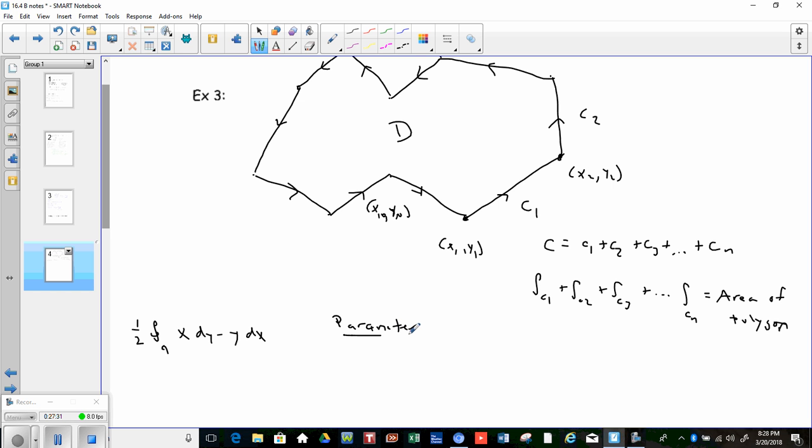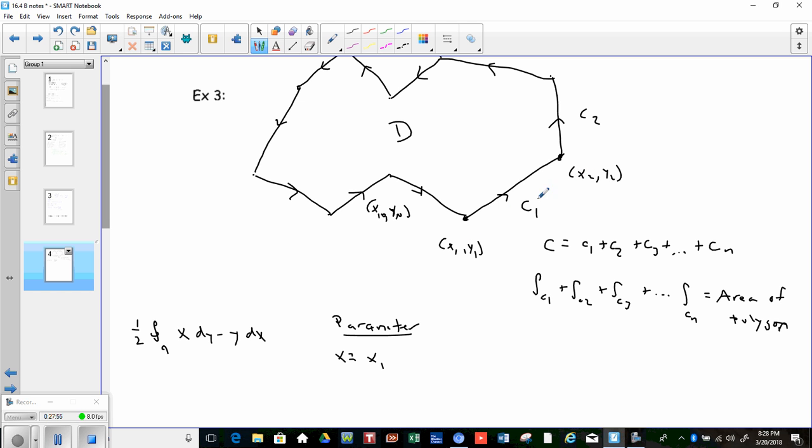So when we go to parameterize these, we're going to have to do our equation for a line, but we're going to have to do it in general here. So remember that the equation would be that x equals, where does x start? X starts at x1. And then x changes from here to here. Now, if we had numbers, we would just subtract the numbers. So if this was like 1 and this was 4, then we know x would change by 3, and it would be 3t. But we don't have that.